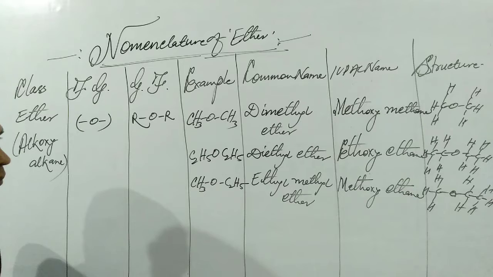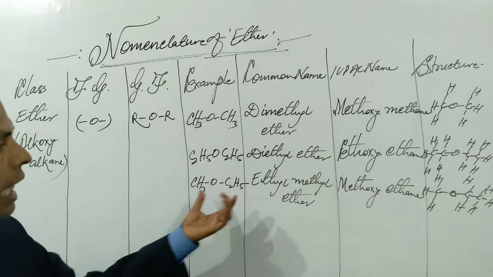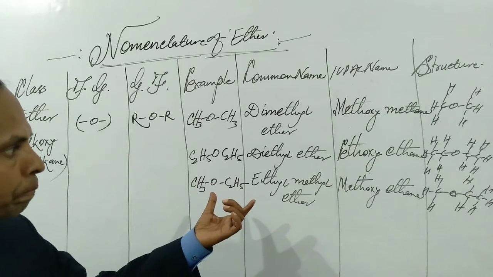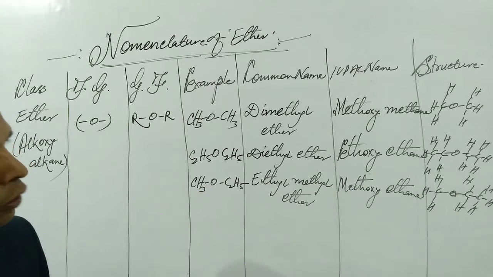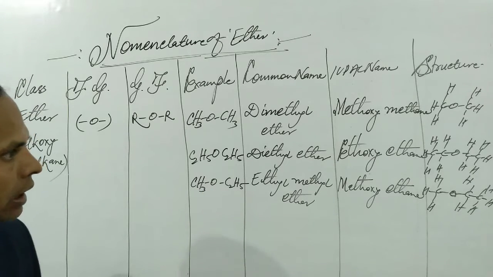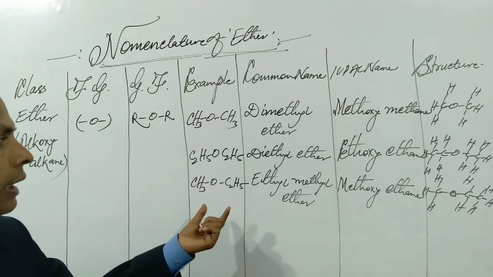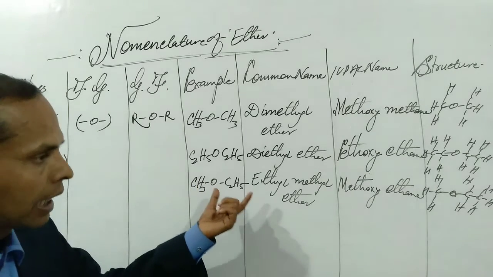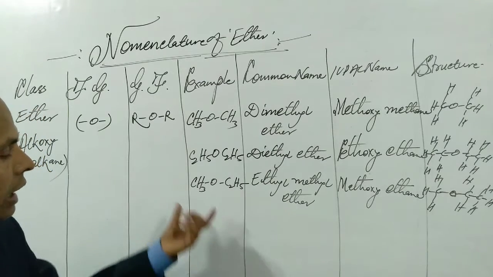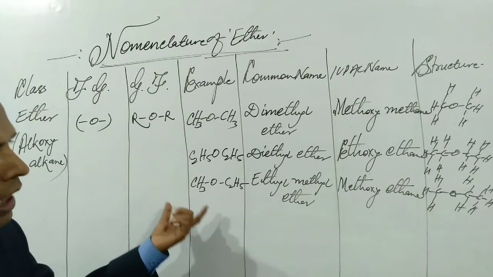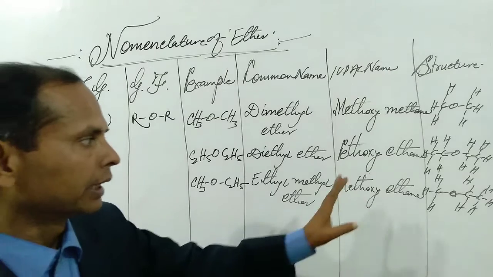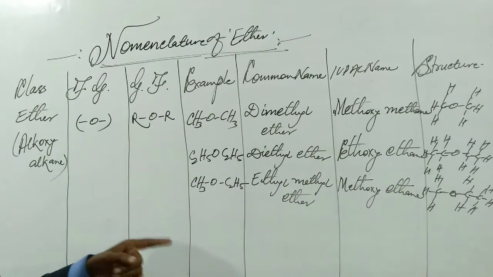So the common name of such a compound is ethyl methyl ether. But in the IUPAC name, oxy is added to the lower carbon group and ane is used for the higher carbon group. The methyl group contains the minimum carbon atoms, so oxy is added. So methoxyethane is the name of such a compound.